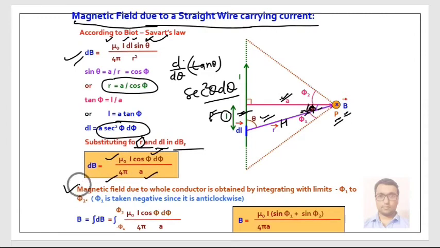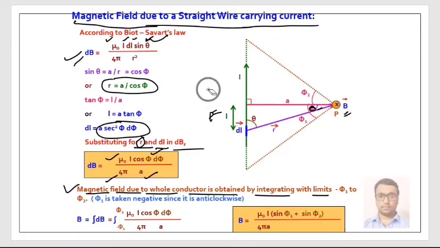Now we have to calculate magnetic field due to the whole conductor. For that we have to integrate this, because the whole wire is made up of such small elements, so you have to add all the terms. So the limit will be minus phi 1 to phi 2.